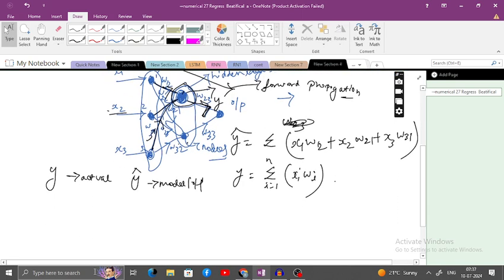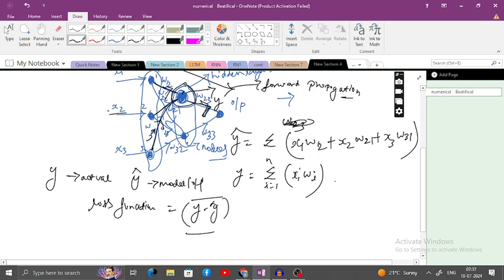The loss function, sometimes called the cost function, sometimes called error, everything is the same. So it is actual minus predicted model output.